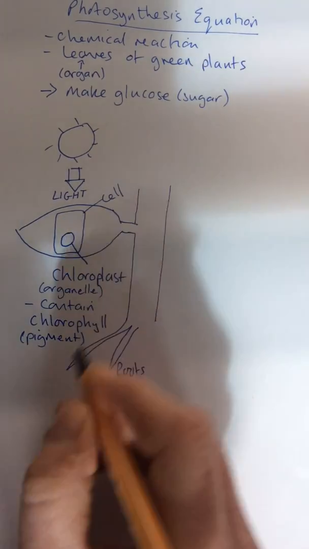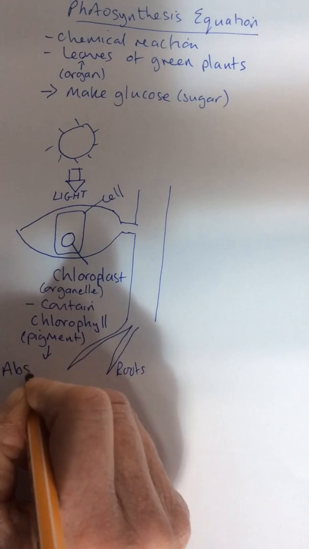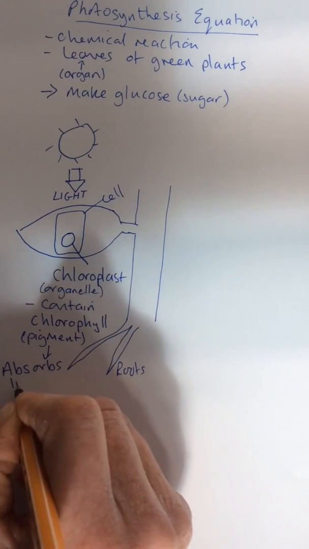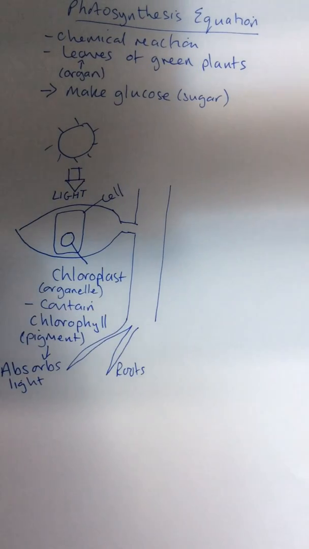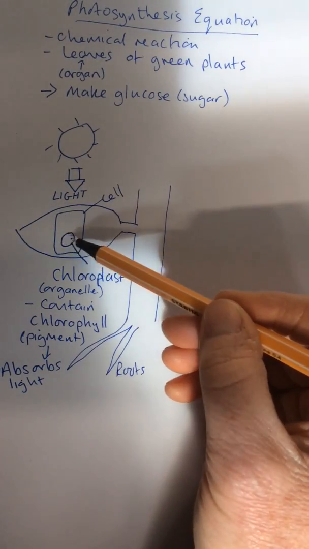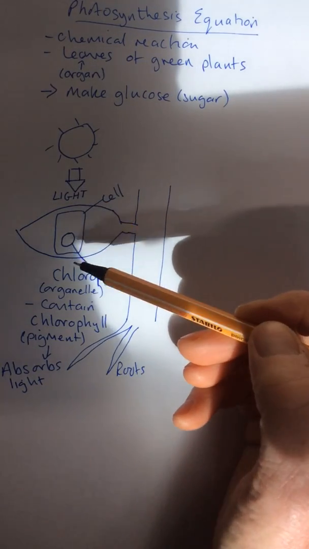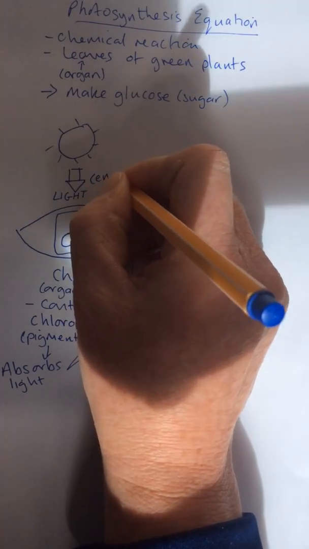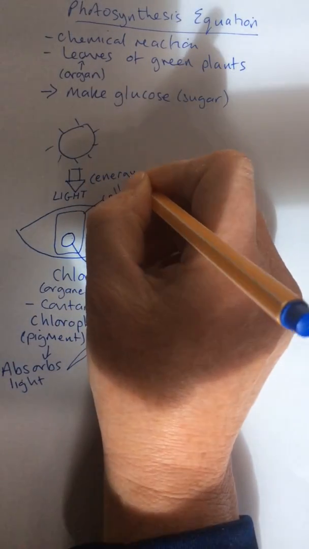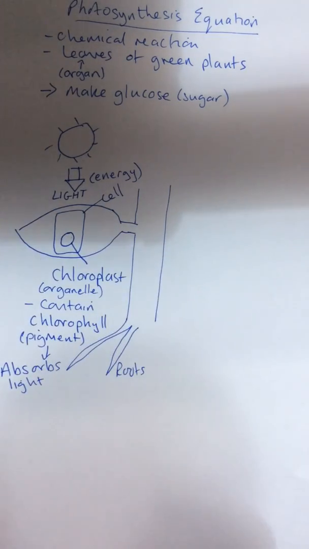That light might be from the sun or it might be from a lamp, doesn't matter. So chlorophyll inside this chloroplast absorbs light, and it uses that energy, because light is a type of energy, for the process of photosynthesis.